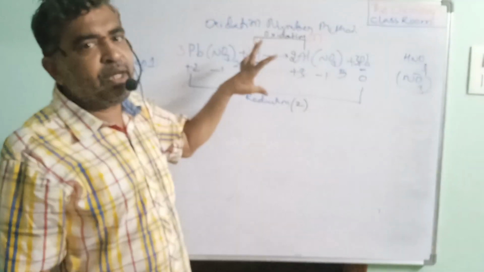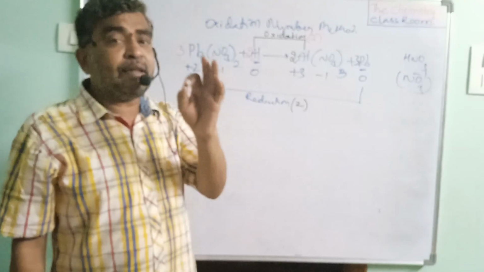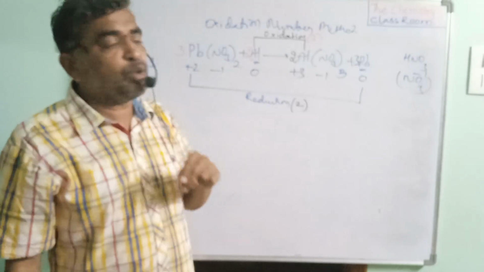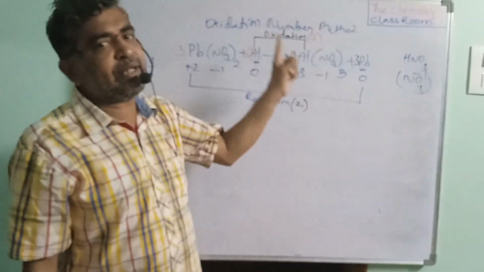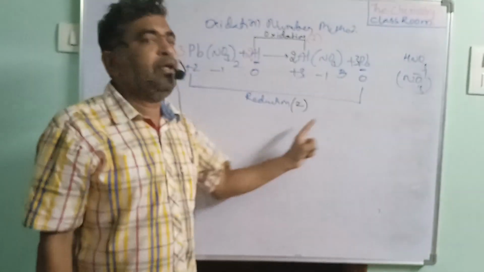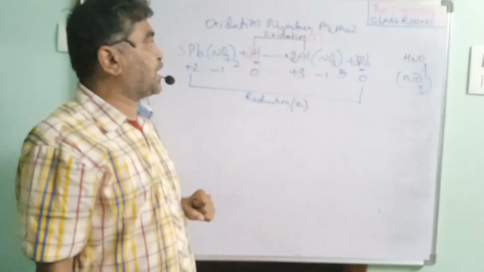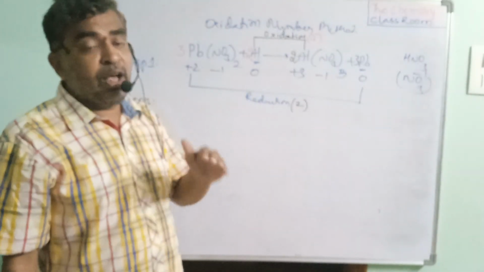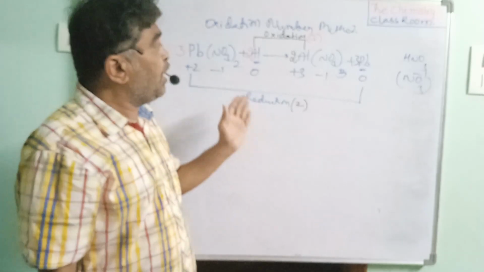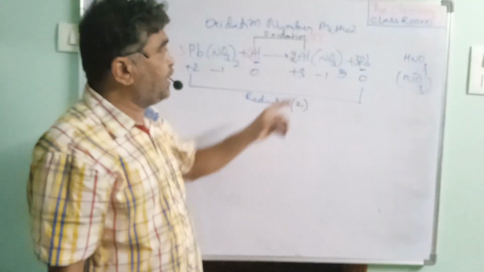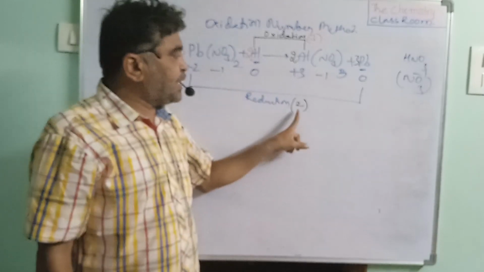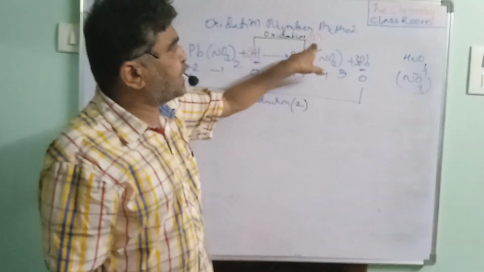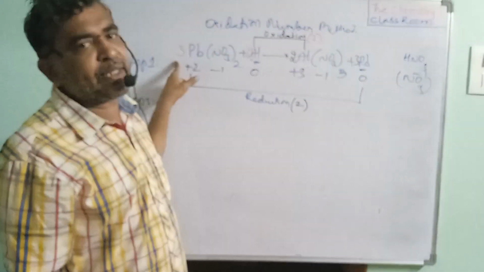In this method, very first we calculate the oxidation numbers of each and every element, and you identify that one is getting reduced and the other is getting oxidized. You mention the reduction reaction and oxidation reaction, and calculate how much it is reduced and oxidized, how much the oxidation state is decreasing and increasing. We take the decrease in oxidation state and multiply with the oxidation compound, and the increase in oxidation state and multiply with the reduction compound.